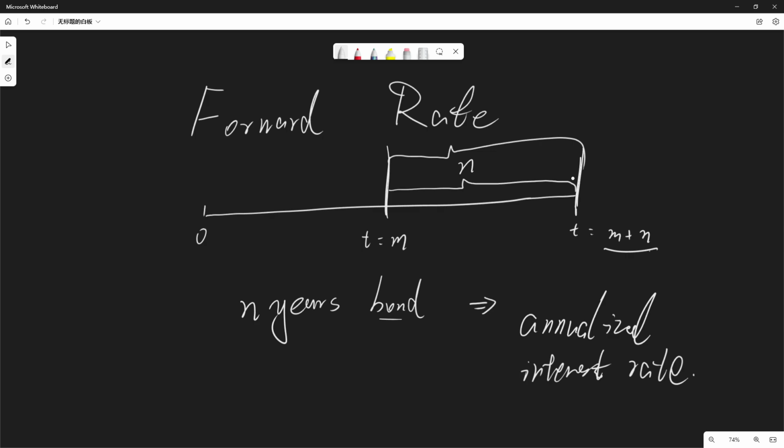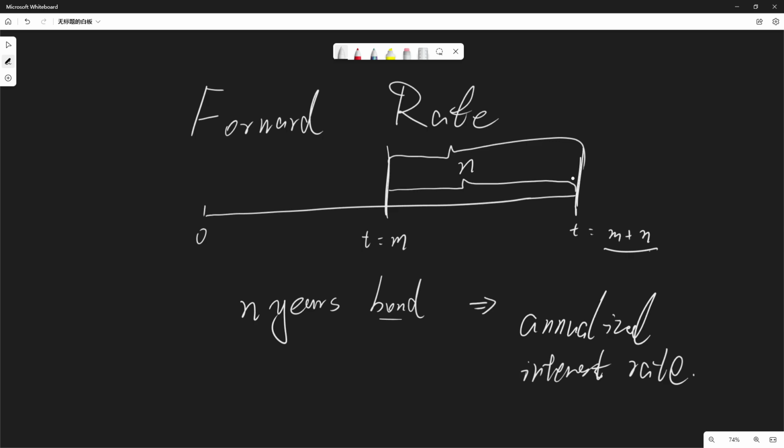You got the annualized rate, which means that if the bond is say 5% annualized rate, you're going to pay the bondholders 5% of a coupon.